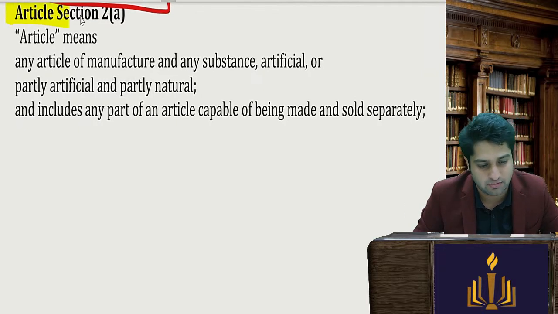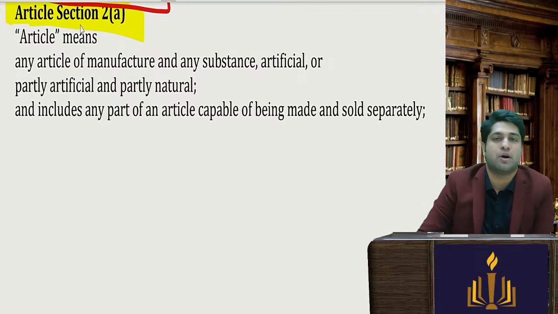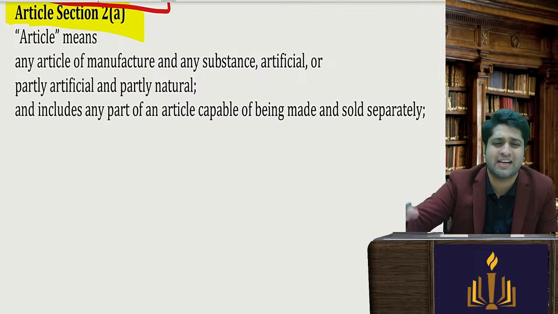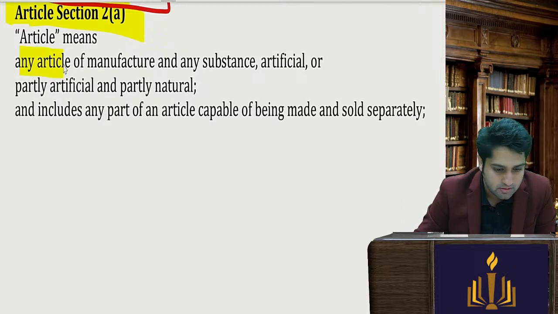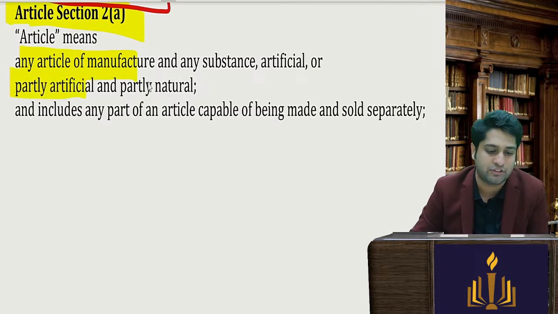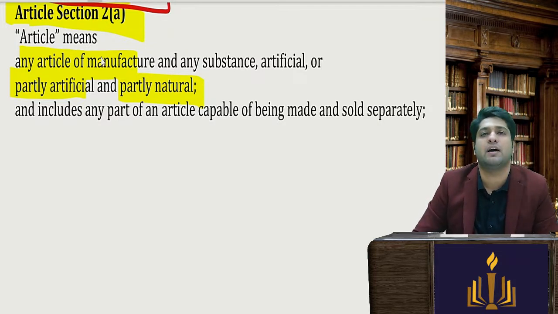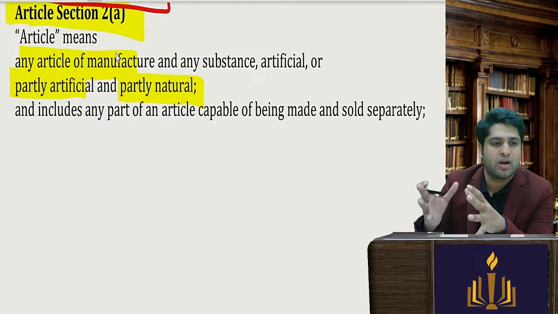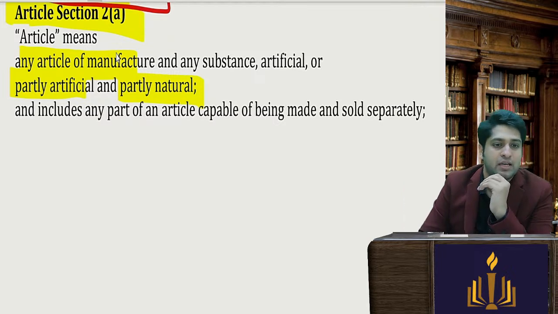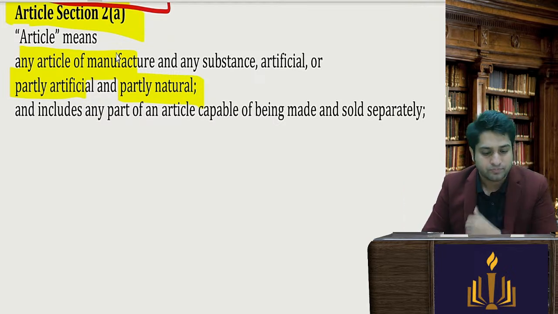When I say article, it means what? Any article which gets manufactured, which will be either partly artificial, partly natural, that is also fine. For example, if I talk of products which might be natural and artificial, that is also allowed.